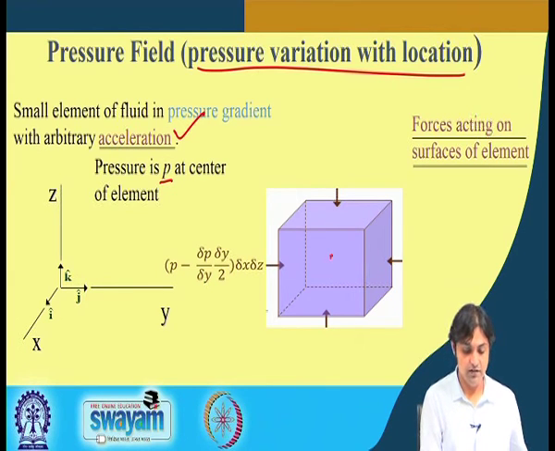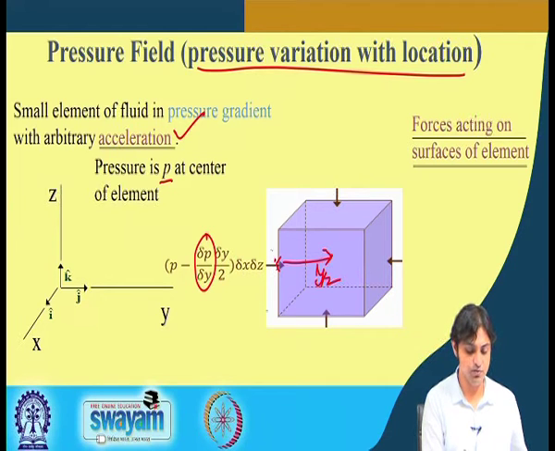So if the pressure at the center is P, then the pressure variation in this direction can be given as delta P by delta y. So this is the pressure variation in y direction, and the length is delta y by 2. So in this direction it will be P minus delta P by delta y multiplied by delta y by 2.